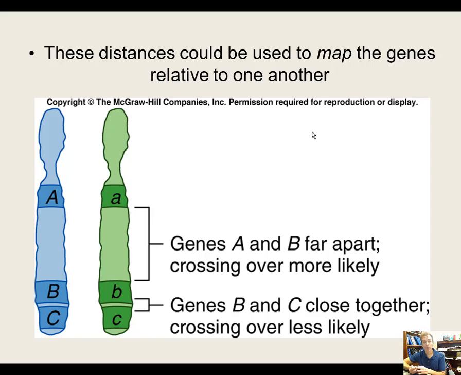If you performed a cross between genes A and B, you would show that they're separated by a larger distance. If you did a cross between genes B and C, they were separated by a short distance. You would get few recombinants. And crosses between A and C would also give you a large number of recombinants. In that way you can map the distance between genes in map units.